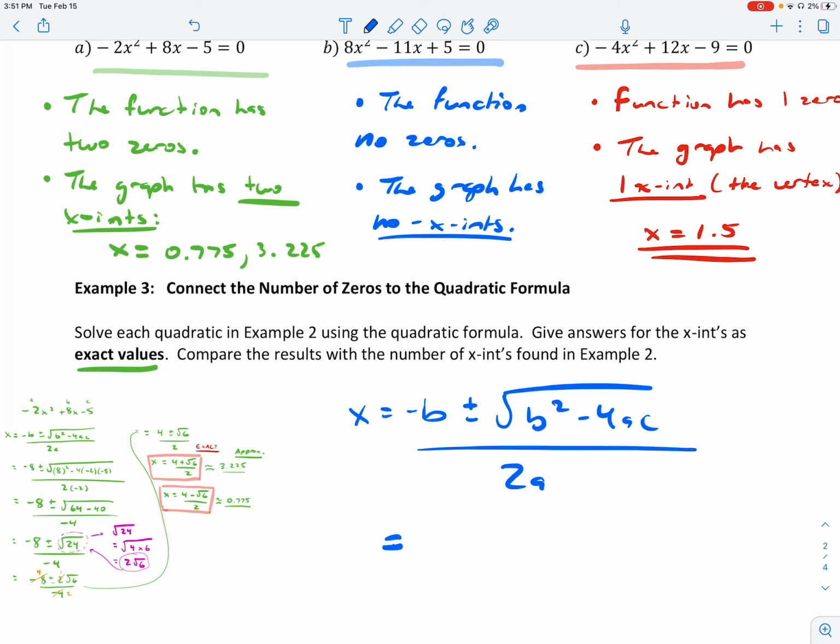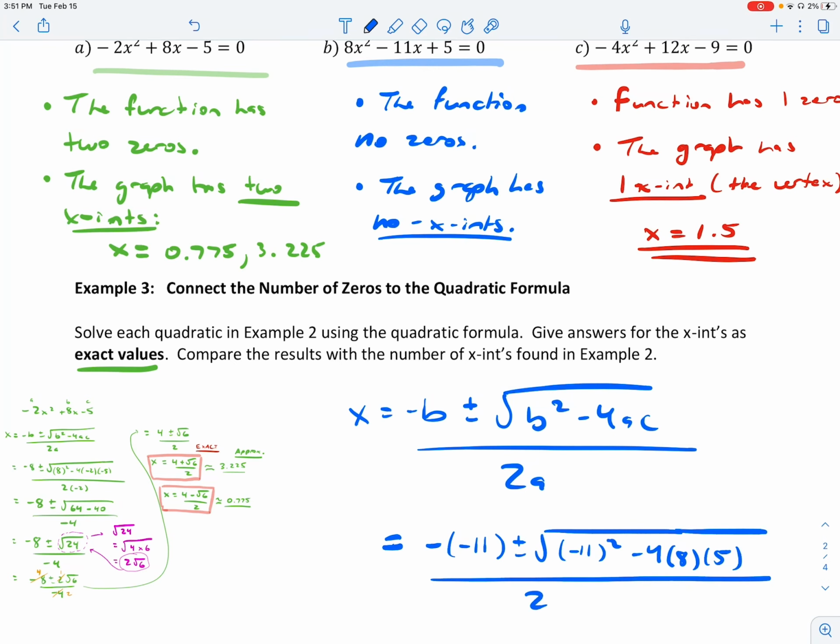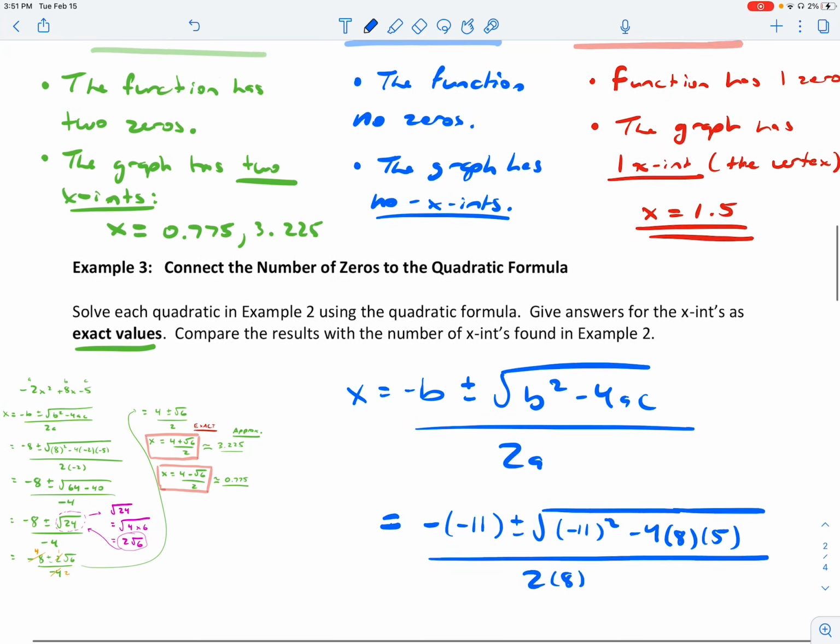B is negative 11, so we have minus negative 11 plus or minus the square root of negative 11 squared minus 4 times A, which is 8, times C, which is 5. All of this is divided by 2A, 2 times 8.